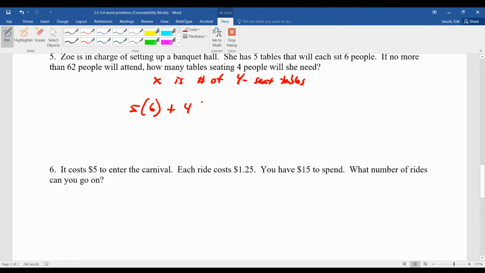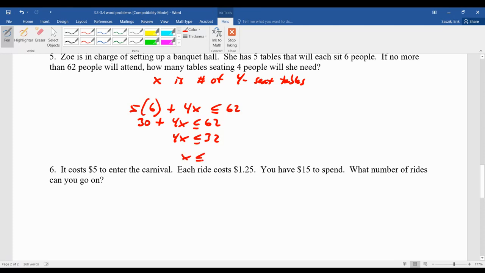So 4 times X. So this will be all the people. And that's going to be no more than 62. So 30 plus 4x less than or equal to 62. Move the 30 over by subtracting. That's going to be 32.